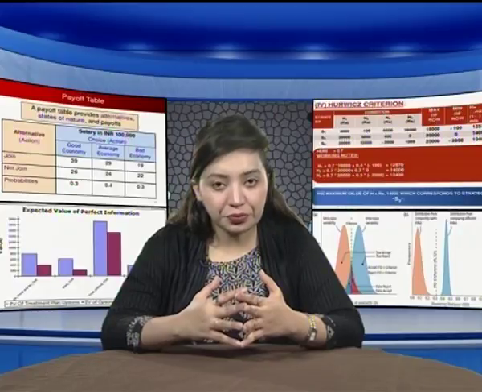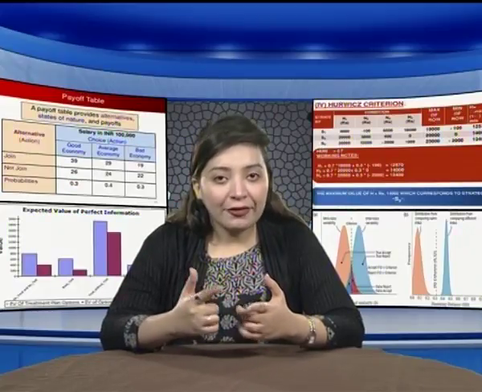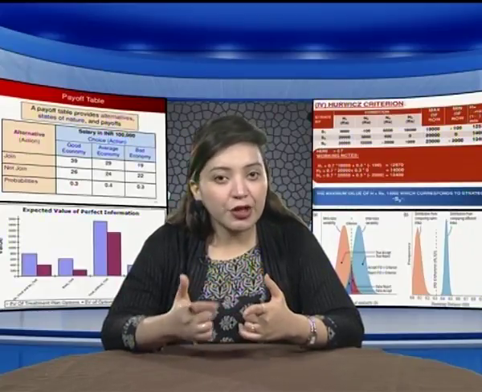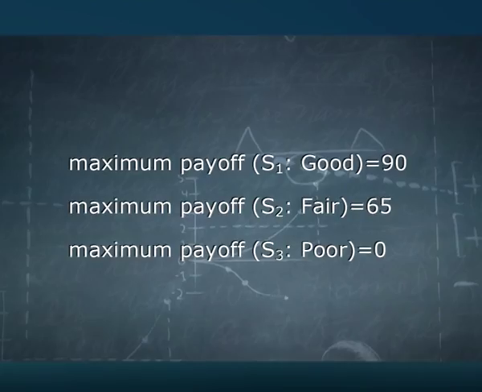Second part of the question, to find the optimum value of expected opportunity loss, it is first necessary to find the opportunity loss table, which is obtained by using the following two-step procedure. First, find the maximum payoff for each state of nature. We have maximum payoff for S1, that is good, equal to 90.